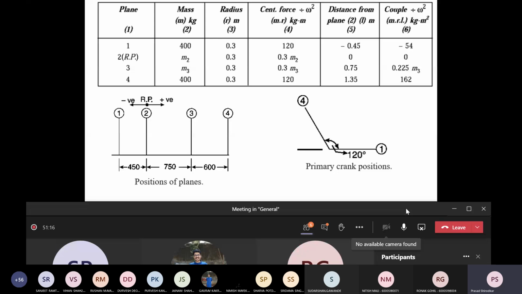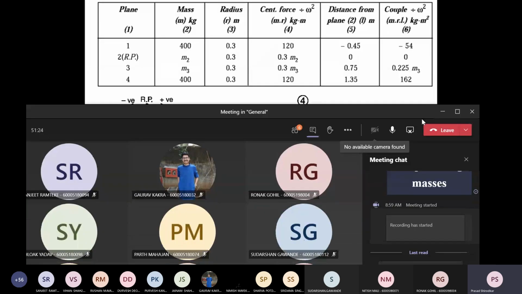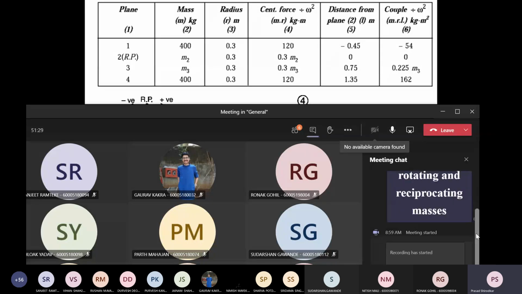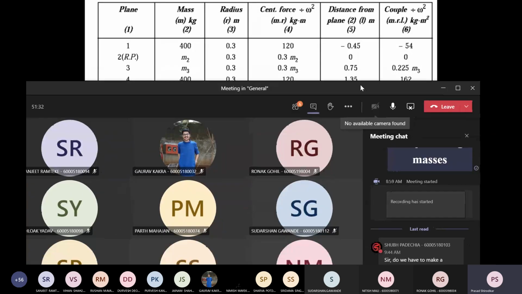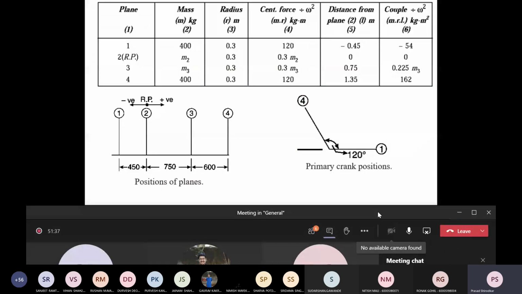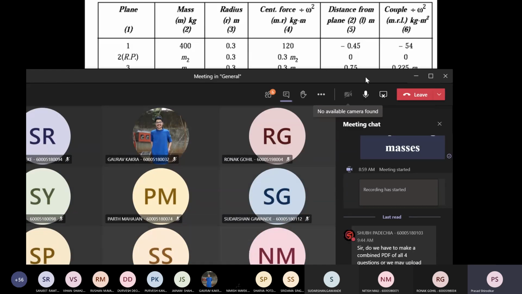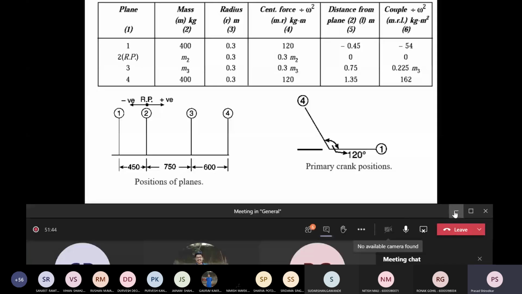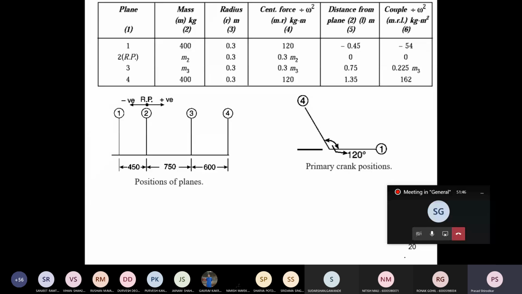Those who are still doing this, please raise your hand in the chat box, or you can just drop a comment in the chat box if the raise hand feature is not working. Everybody is done? Can I go to the next one?